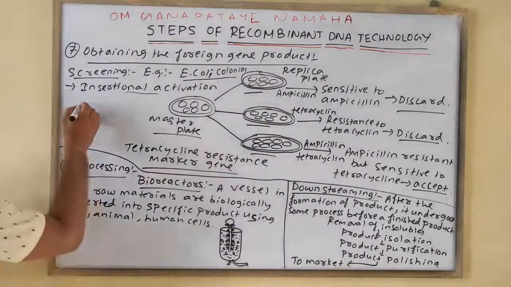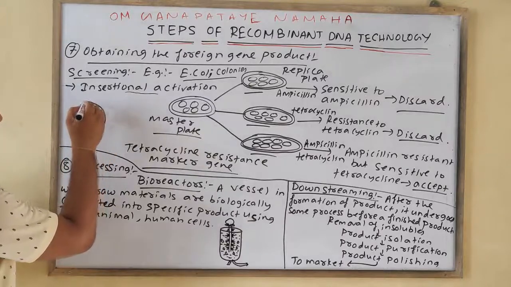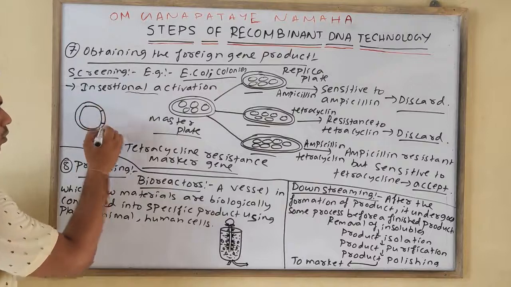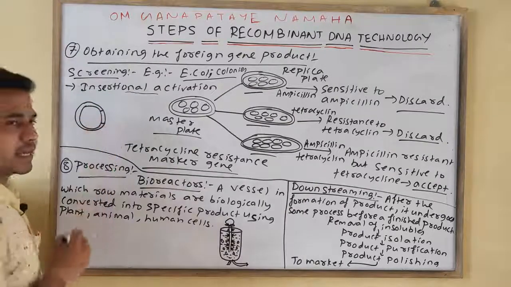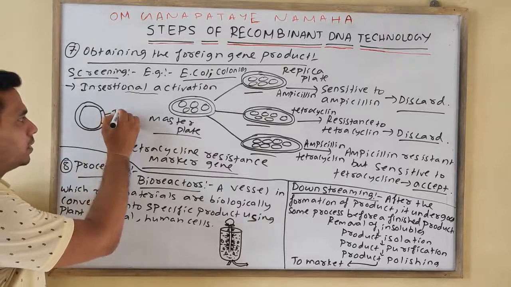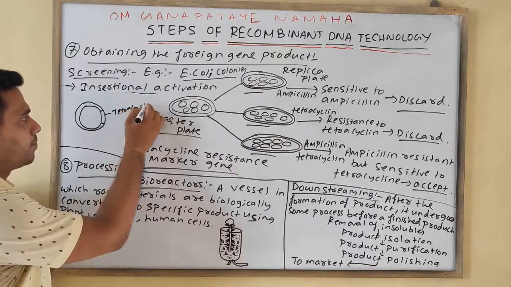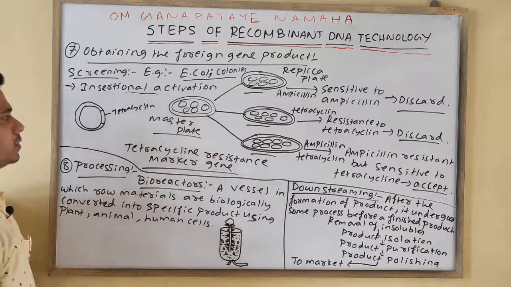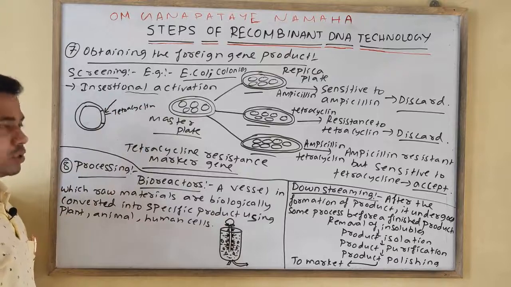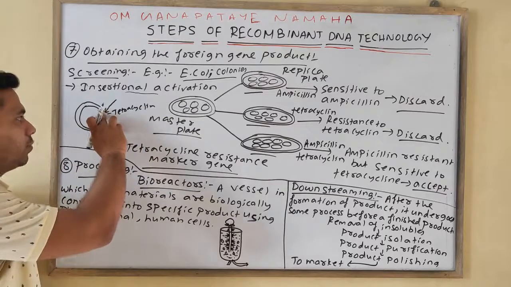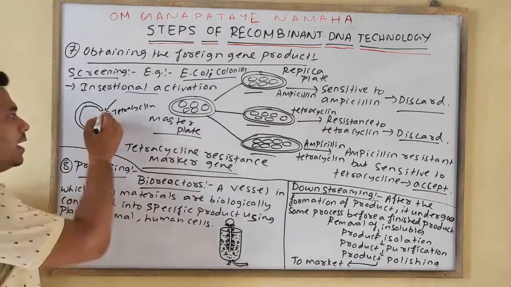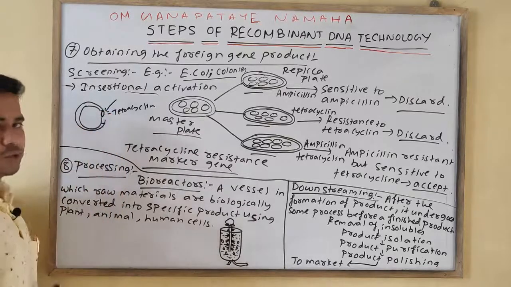Suppose this one is your plasmid, and this is your tetracycline resistance marker gene, the antibiotic marker gene. Suppose we apply the restriction endonuclease here, so that it removes a segment of the tetracycline resistance gene, and the desired DNA is introduced.